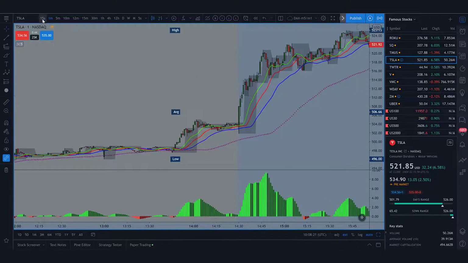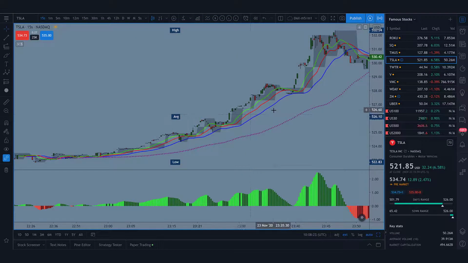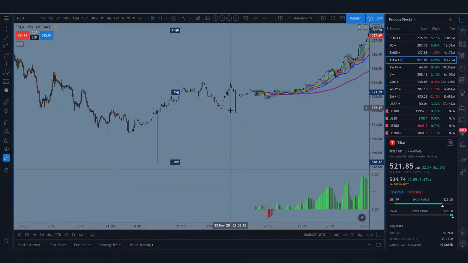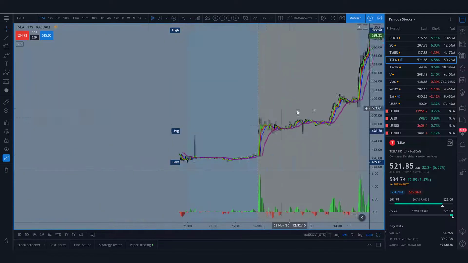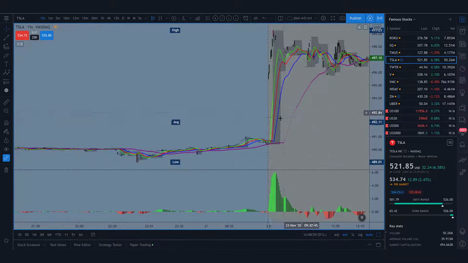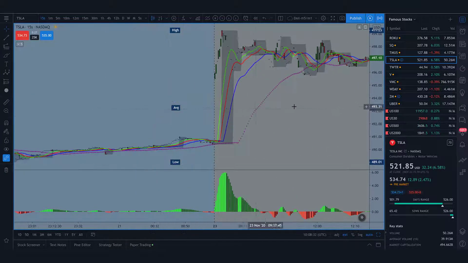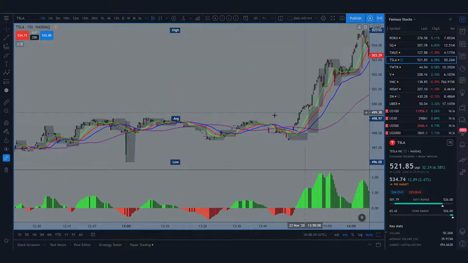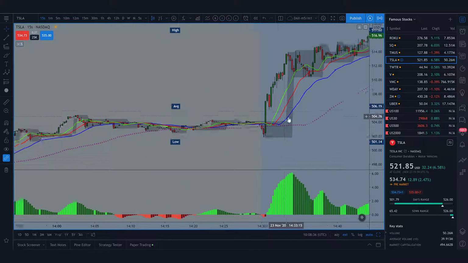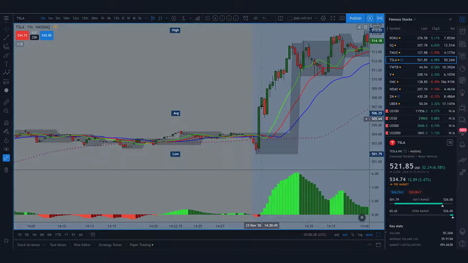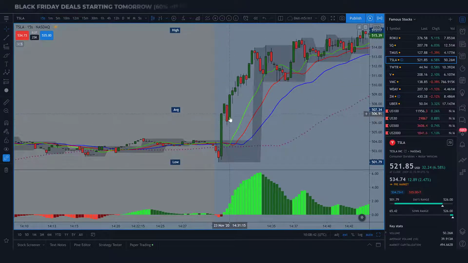This was actually very interesting. You go there. Not there. Okay, see this? Breakout, pullback, bang, you go in. So around here, 506, it goes up.